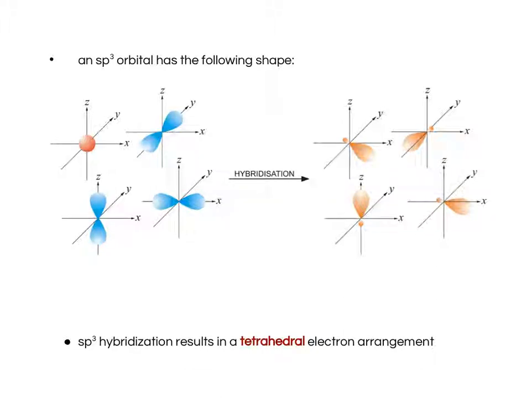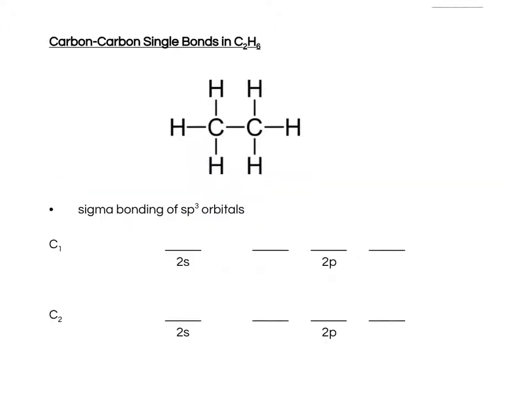All right, moving on. Okay, so let's see how this works out when we're talking about molecules and overlapping orbitals in molecules. I'm going to arbitrarily call this carbon right here carbon 1 and this second one carbon 2. I'm going to look at what I would expect for their atomic orbitals, how they would be lined up.